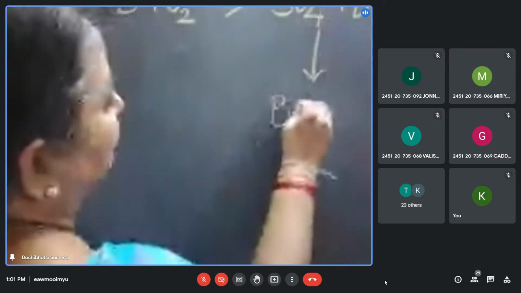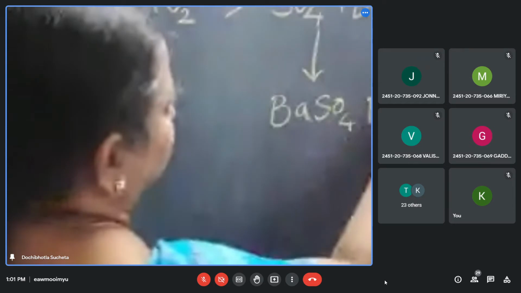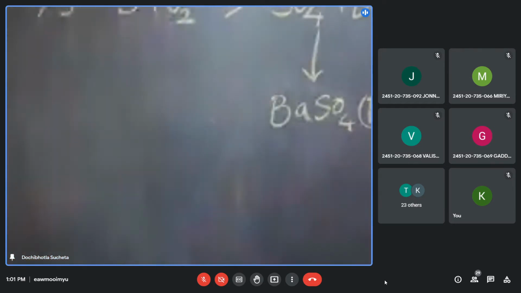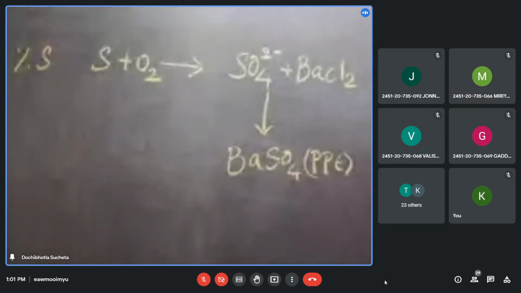These sulfate ions which are formed are precipitated by reacting with barium chloride. What will happen? Barium sulfate gets precipitated out as PPT. Yellowish color PPT would be there, barium sulfate.